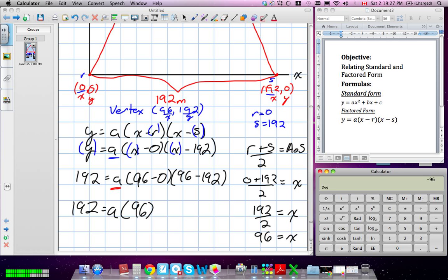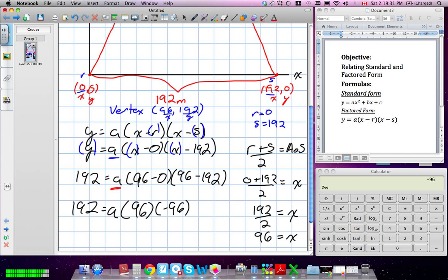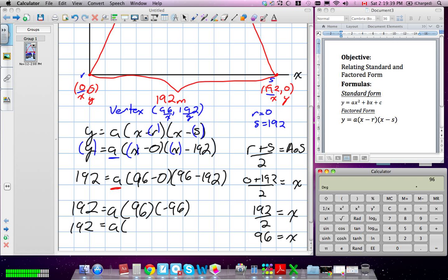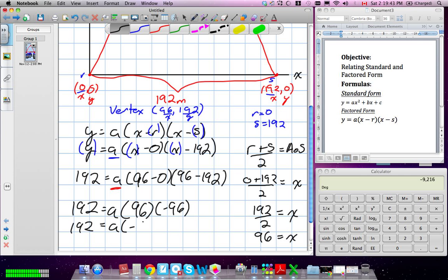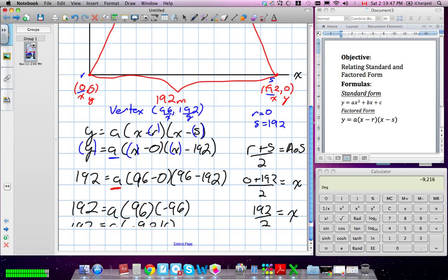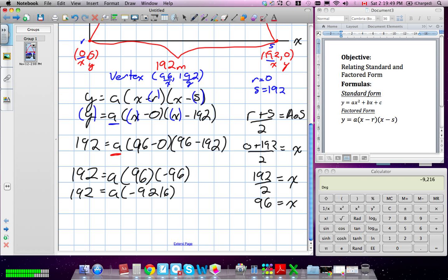So we still have 192 is equal to a times negative 96 times positive 96, negative 9,216, right? Now that we have that, I have to isolate a, so I have to bring this negative 9,216 to the other side. How do I do that?